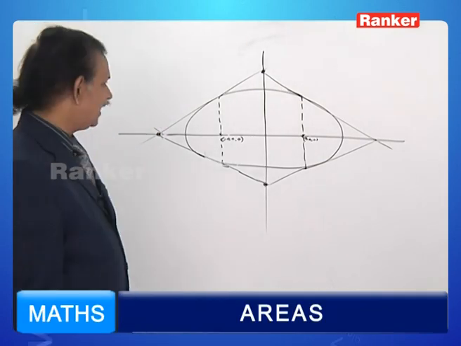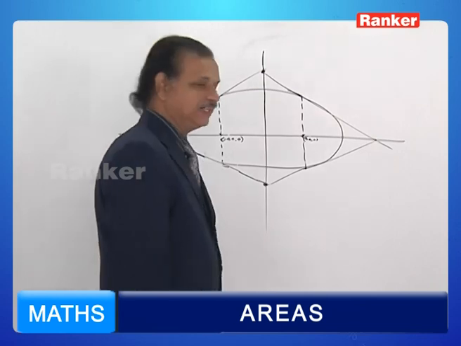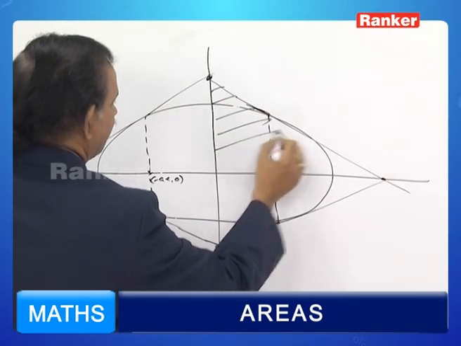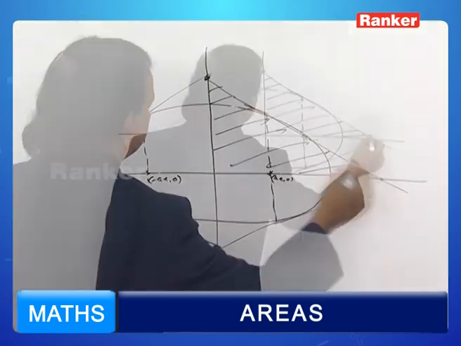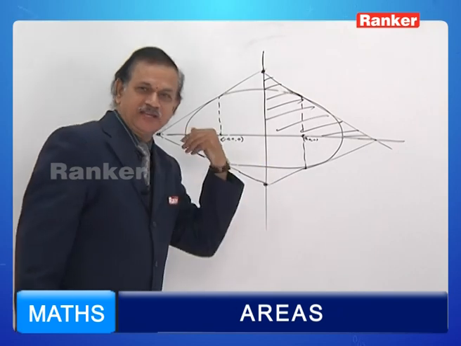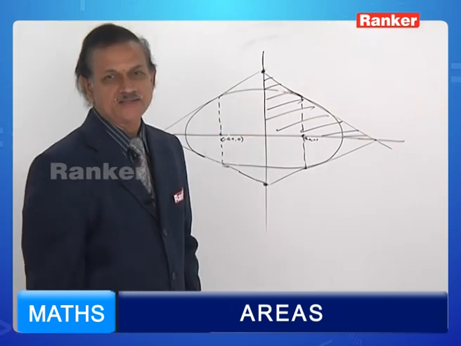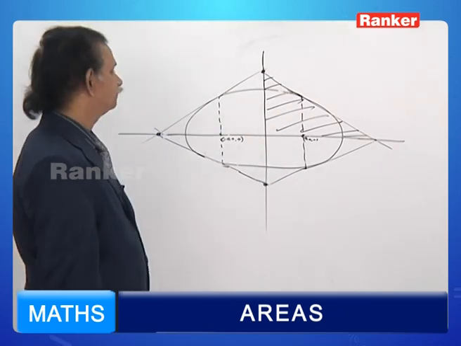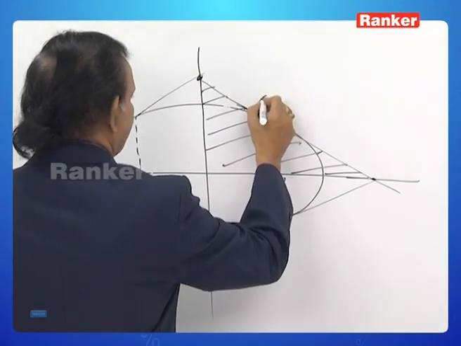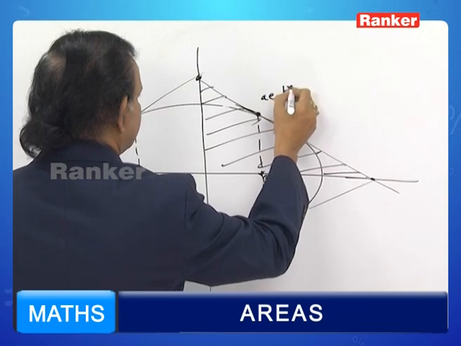Well, by symmetry of the figure, we like to find this area first. 4 times of that area gives you the area of the entire quadrilateral. Okay, this point is, of course, ae comma b square by a.